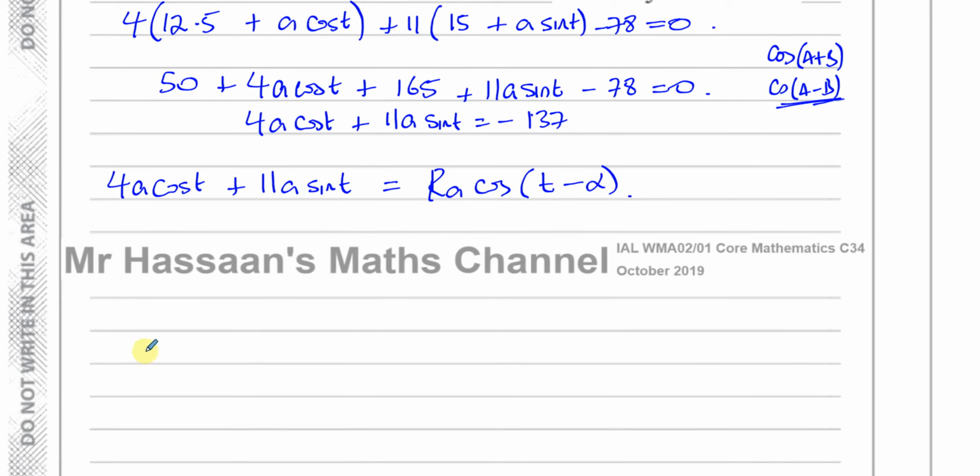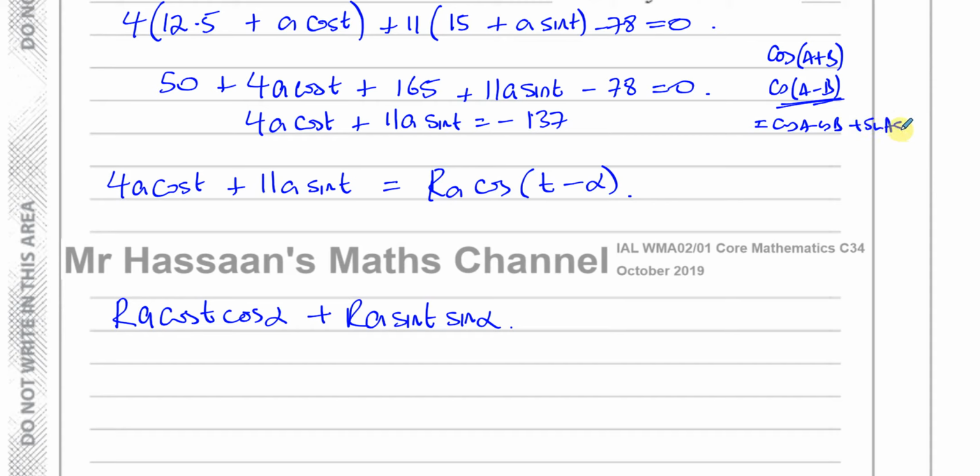So let me take this. You have r a cosine(t minus alpha), which will give me r times a times cosine t cosine alpha, plus r a sine t sine alpha, because we know that this splits up into cosine a cosine b plus sine a sine b.